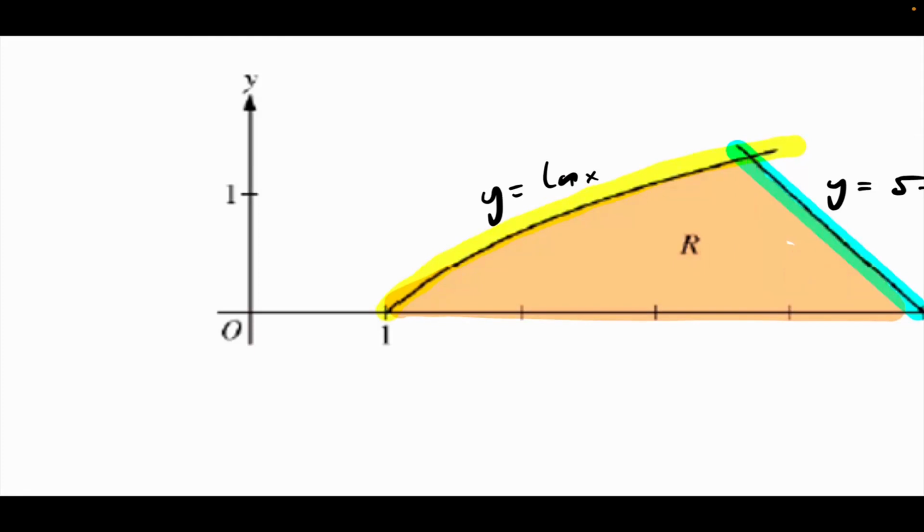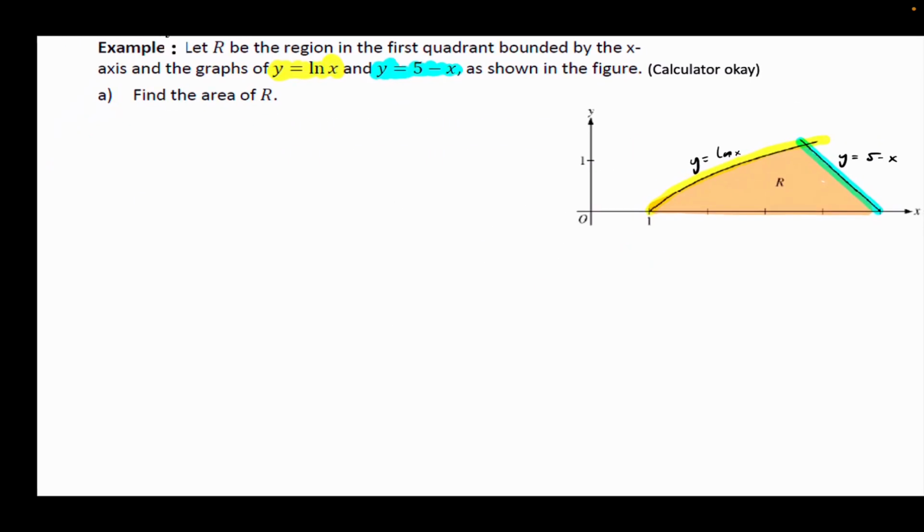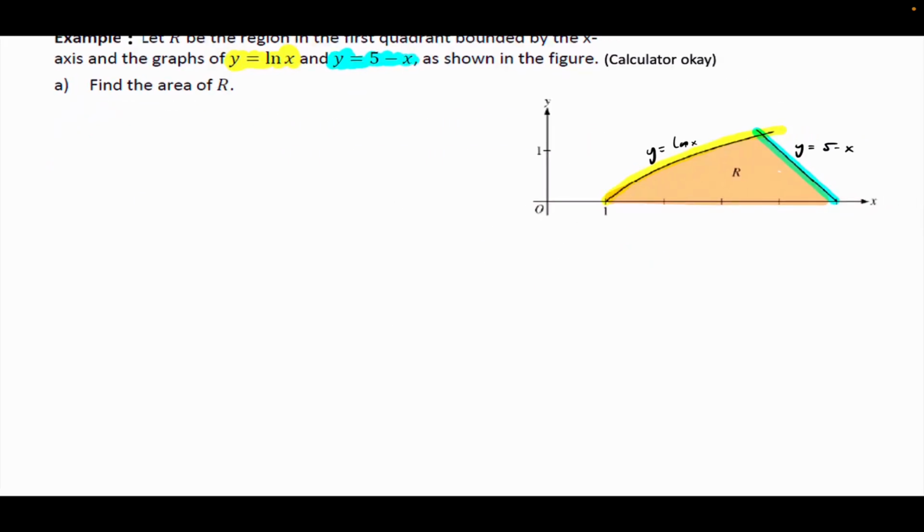But if I did it right minus left, I could go for the whole thing. So like I said, you can do it using top minus bottom or right minus left. It doesn't matter, it's up to you. So let's go right minus left.